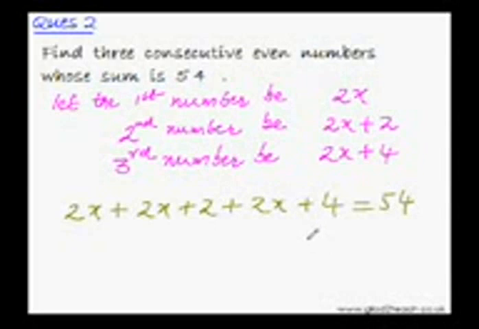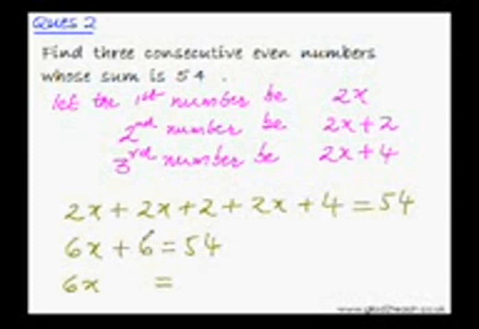So now tell me the answer. 2x plus another 2x will be 6x. And 2 plus 4 is 6, equal to 54. So this means 6x will be equal to 54 minus 6. Isn't it?